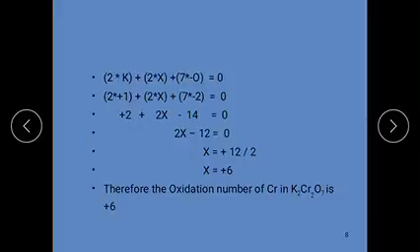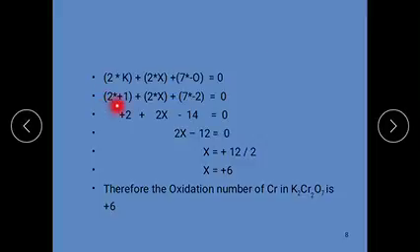That is 2 into potassium plus 2 into X, where X is chromium, plus 7 into oxygen equals 0.